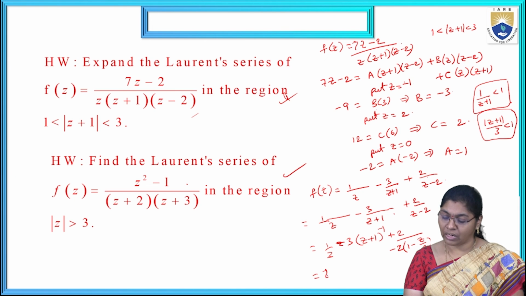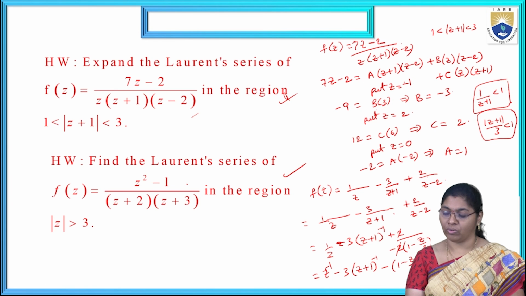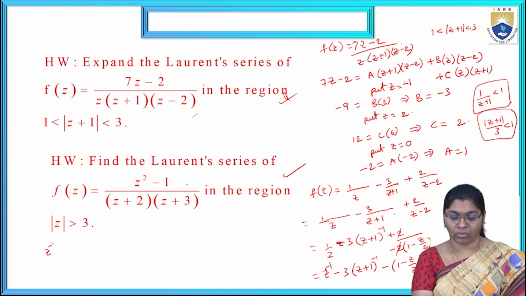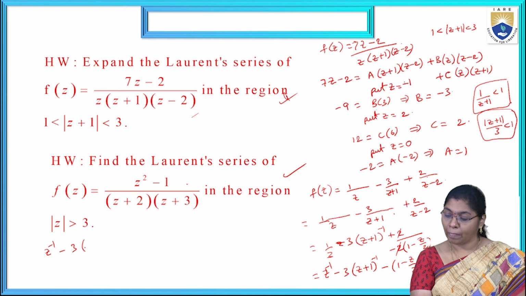That is z inverse into minus 3 into (1 plus z) whole inverse, minus 2 by 2 cancelled, next (1 minus z by 2) whole inverse. This is the expansion.